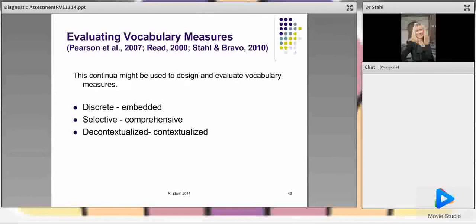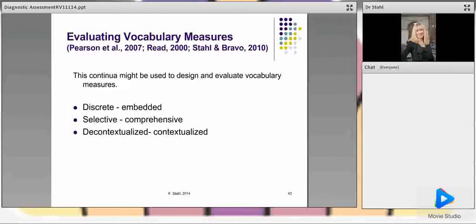There are ways that you might evaluate the many vocabulary measures that are on the market. This is not as easy to assess, and you'll want to use multiple measures. Things that are discrete would be using a vocabulary program or selecting words and just giving children a single test that has them find definitions.